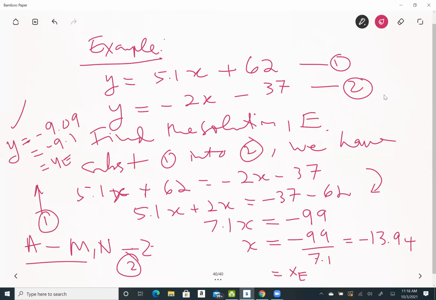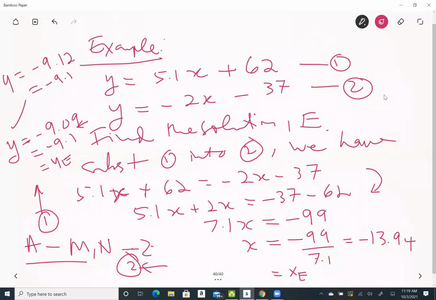Now, if you substitute in number 2, what do you get? Negative 9.12, so about 9.1. If you put into 1, you got negative 9.09. So you round to 1 decimal point, negative 9.1.